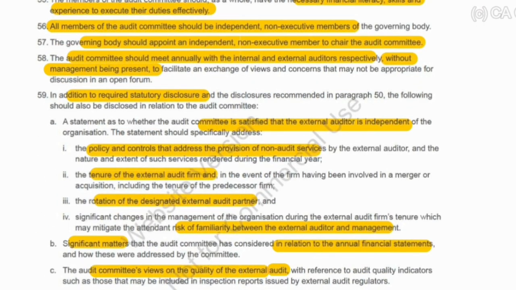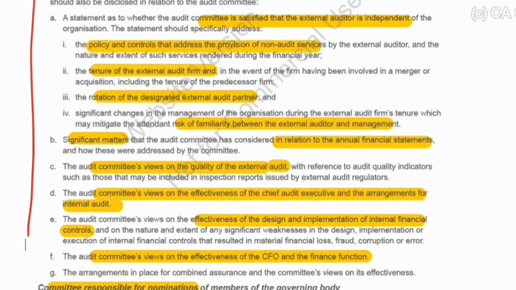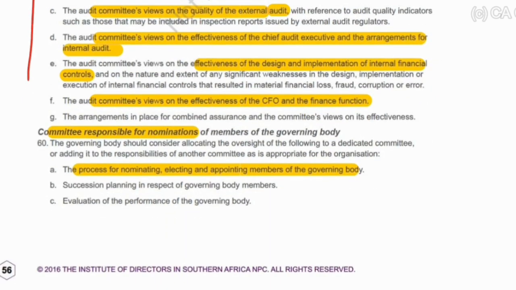So they've got to have the necessary skills, all have to be independent, non-executive, and the board will appoint the chairman of that audit committee. There's the additional disclosure for the audit committee, so not only just the committee's disclosure, but everything with regards to external and internal assurance.